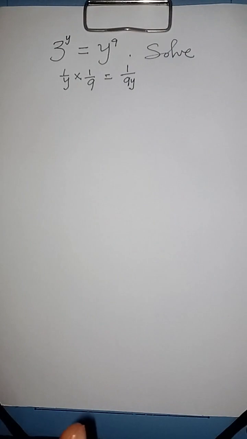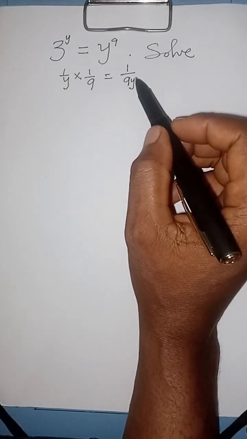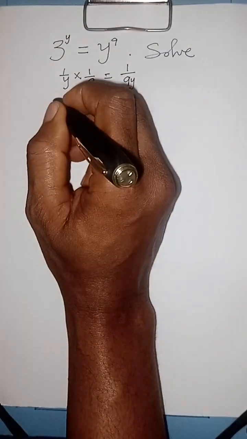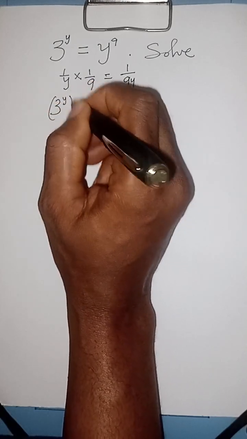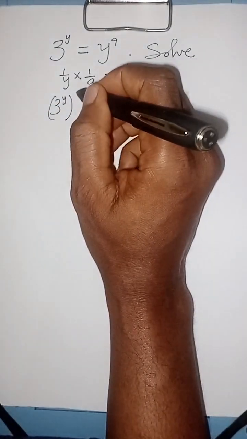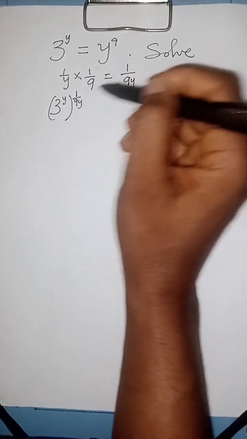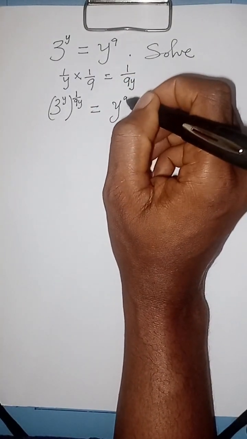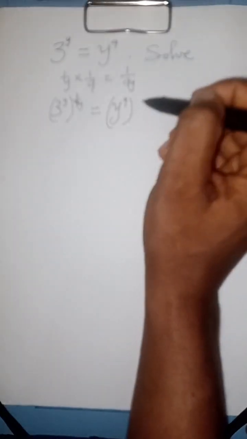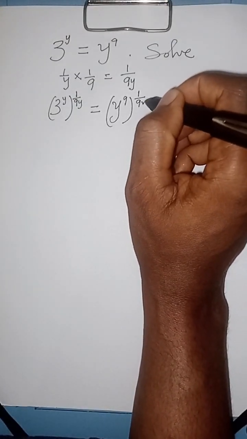The next step is to multiply each of the powers of the equation by 1 over 9y. So this will be 3 raised to power y, in brackets, raised to power 1 over 9y, equal to y raised to power 9, in brackets, 1 divide 9y.